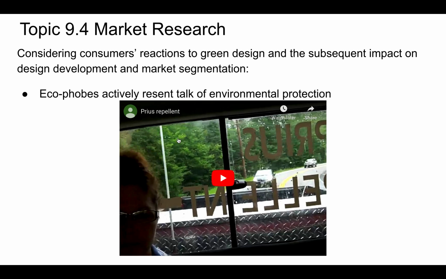Basically, what these people have done is rigged up some exhaust pipes on their trucks that just spew out black sooty smoke, just to say, you know, we don't like you. Literally, this truck is called the Prius Repellent. So you can have a look at what they are. These people are classic ecophobes.